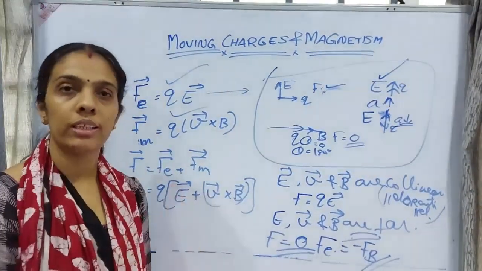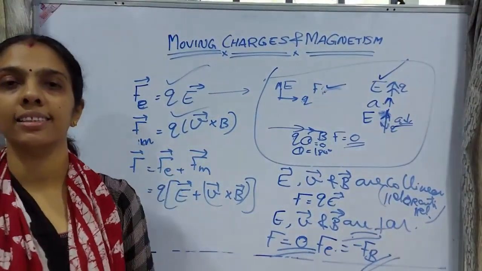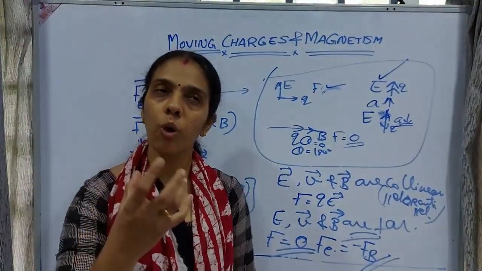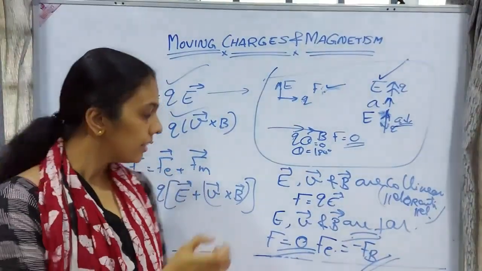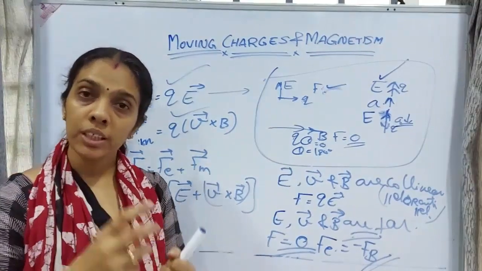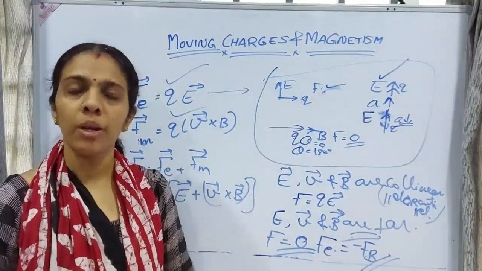This is used in the case of a velocity selector or velocity filter. If we want a charged particle having a particular velocity, we can apply this condition.